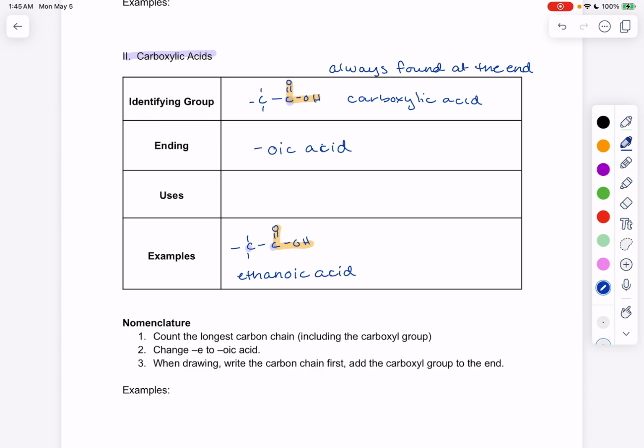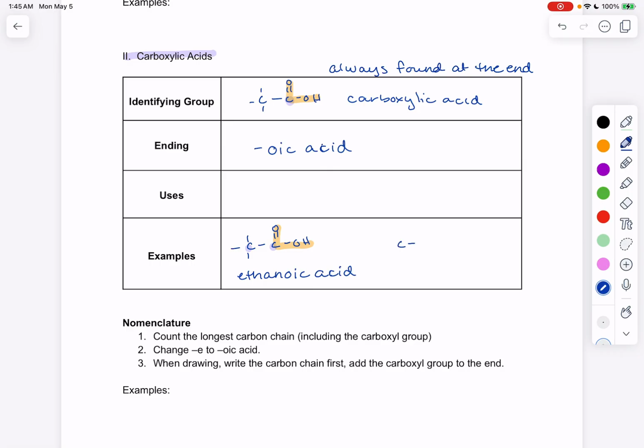Now, because these are always at the end of the chain, we're not going to have to talk about numbering. If there are other things sticking off the chain, you're going to have to number, and the numbering will start with the carboxylic acid. But if you have nothing else hanging off of it, you do not need to put a number.